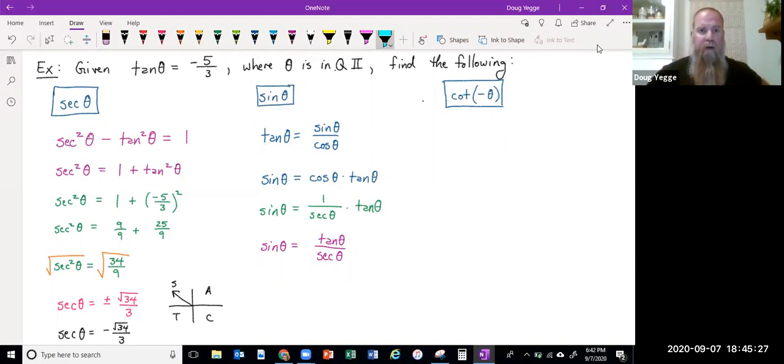So at this point, we can now just plug in our values and find out that sine of theta is equal to tangent of theta, which is negative 5/3, divided by secant of theta, which is negative square root of 34 over 3.